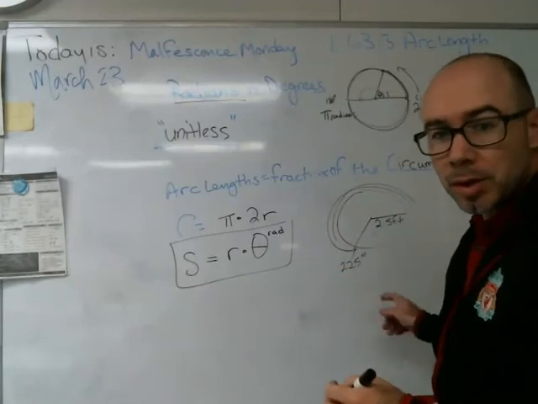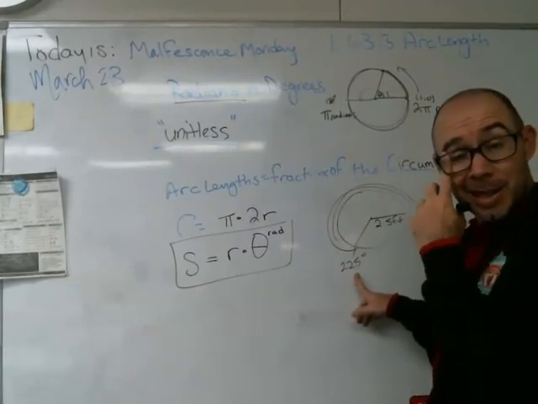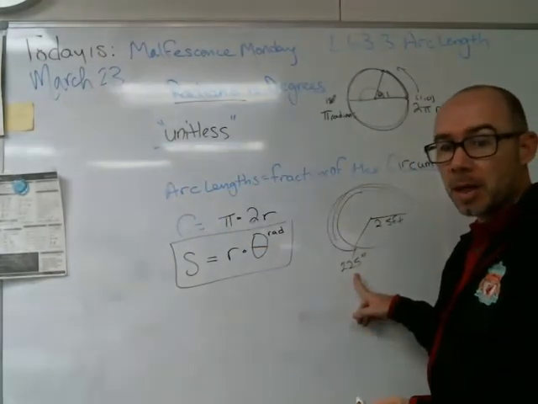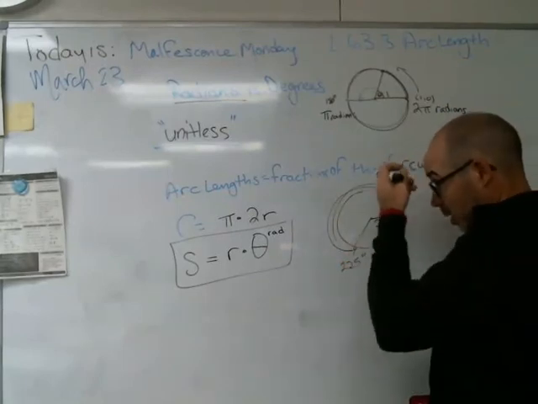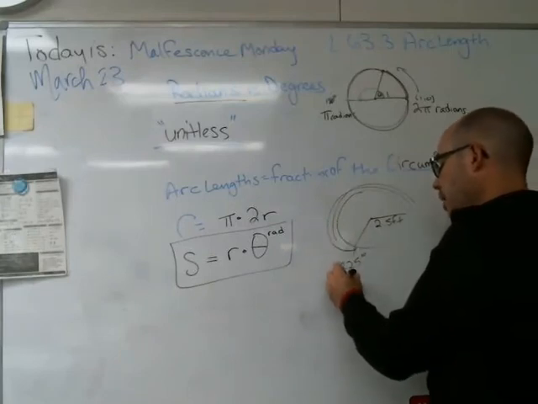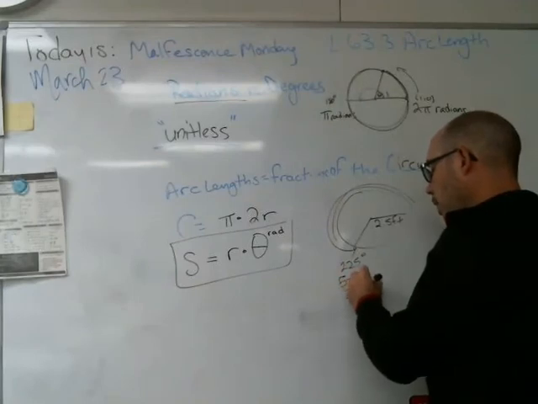Go pull out your unit circle and figure out what 225 degrees is in radians. Just go straight over from the degree to the radian measurement. It's an extra 45 past 180, so that's 5 pi over 4 radians.